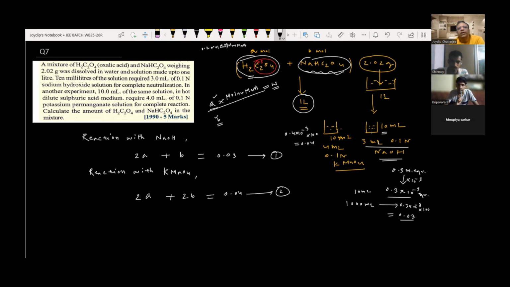Molar mass means the molecular weight in gram. Calculate the molecular weight, and multiply that value with the mole, and you will get the mass in gram. Clear? Yes, sir. And when you get the mass of one compound, then the mass of the other compound you can calculate very easily, by subtracting that from 2.02.